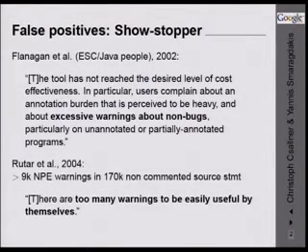So here I have one quote from the ESC Java developers. ESC Java is one of the heavyweight, deep tools that try to find bugs in software. And the authors say that the tool has not reached the desired level of cost effectiveness. In particular, users complain about an annotation burden that is perceived to be heavy, and about excessive warnings about non-bugs, particularly on unannotated or partially annotated programs.